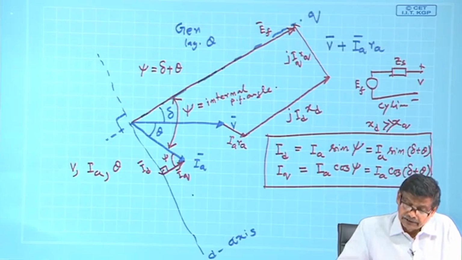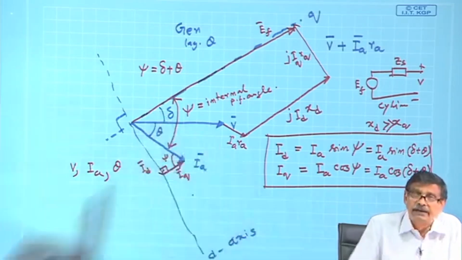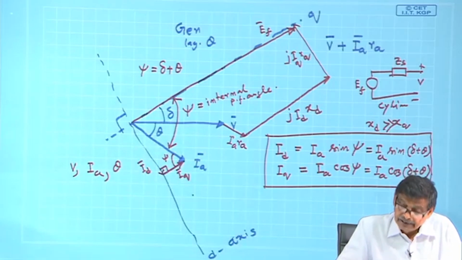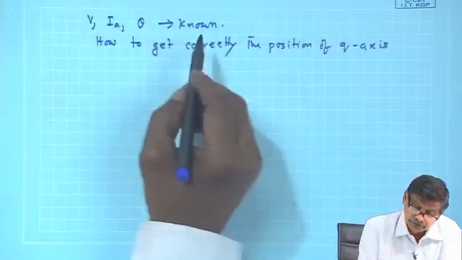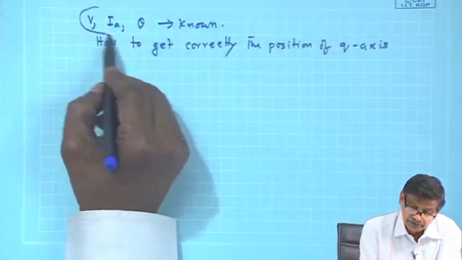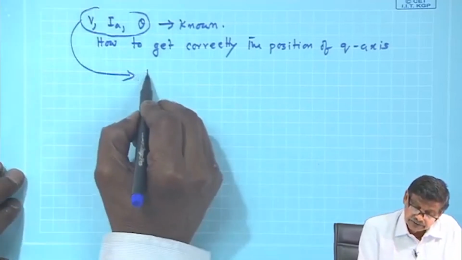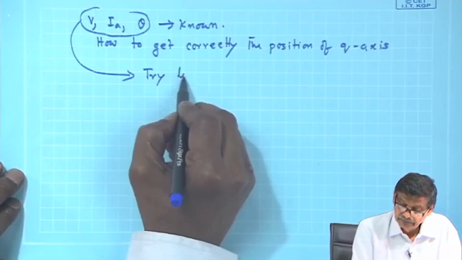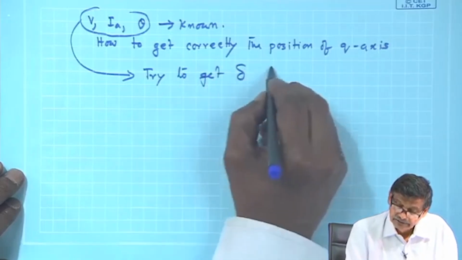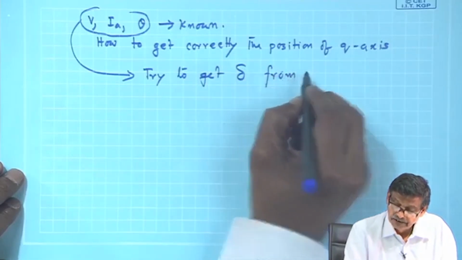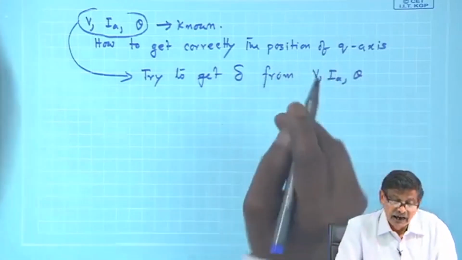But still the point was: exactly where it will be, what is the value of delta. Is it possible from this information to get delta from the knowledge of V, I A and theta?